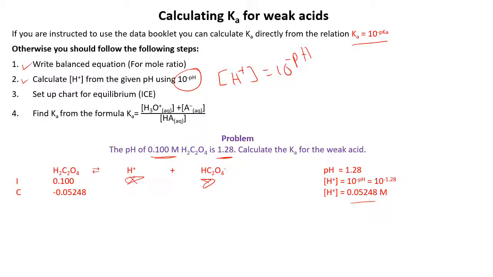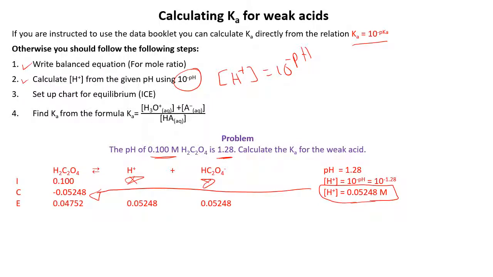It's a very small value, but we should subtract it from the initial concentration of the weak acid, which is the H positive. Here is the change. So at equilibrium, we subtract the concentration of hydrogen from the initial concentration of the acid.